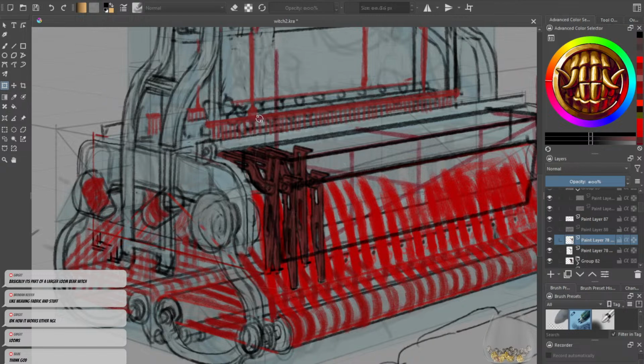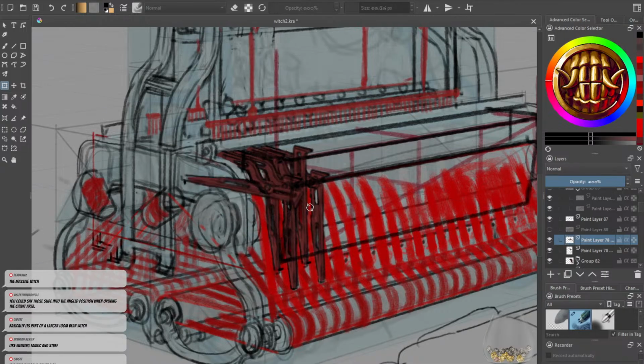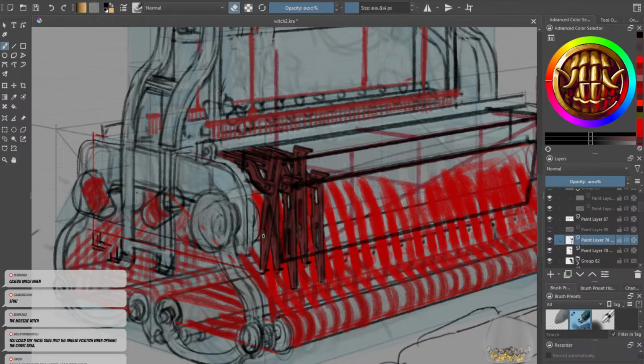Well, no, there's not really an issue. This much. That.